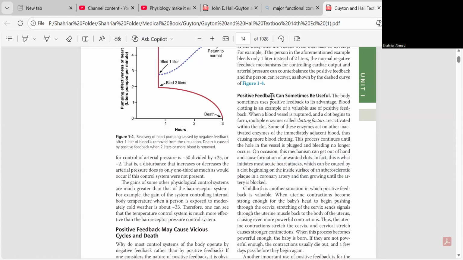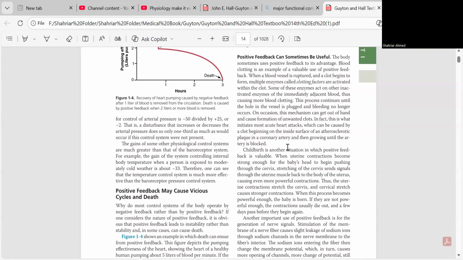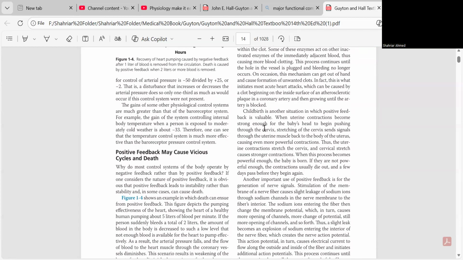So, positive feedback is useful to stop bleeding by formation of a clot, but excess or uncontrolled clot formation may be harmful and may cause heart attack.